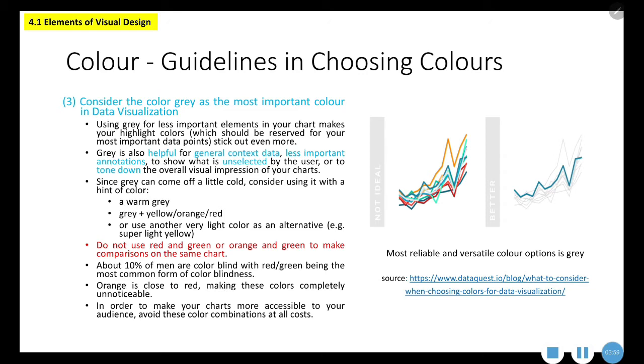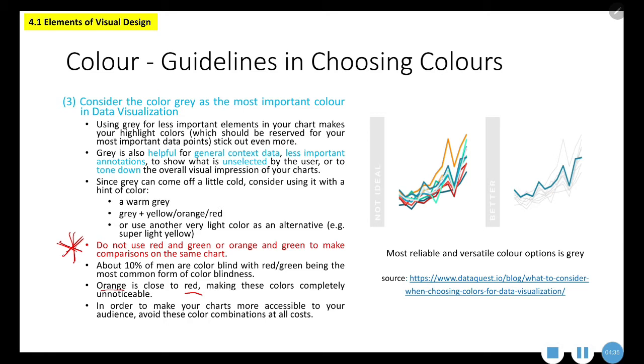That is why we need to avoid using red and green or orange and green, because red and orange are close colors, and red and green are the two colors that color blind people confuse. So to make sure your charts are more accessible to your audience, avoid these color combinations at all costs. This is the tip that you have to apply.